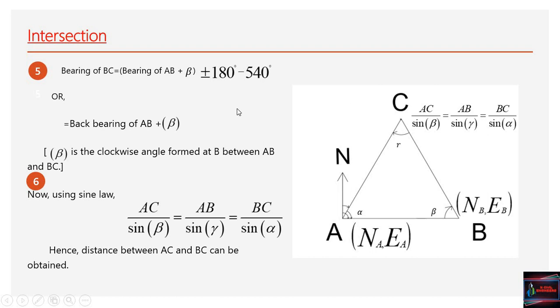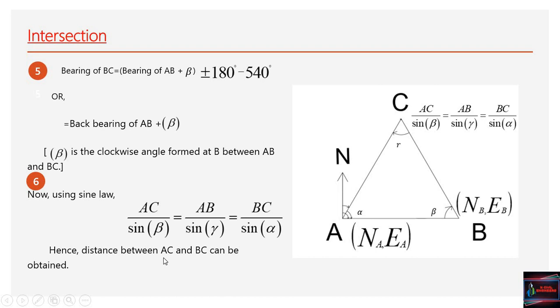Now we know all three angles and the distance between A and B, but we don't know the distances AC and BC. For that we will use the sine law. AC divided by sine of this angle, and AB divided by sine gamma, equals BC divided by sine alpha.